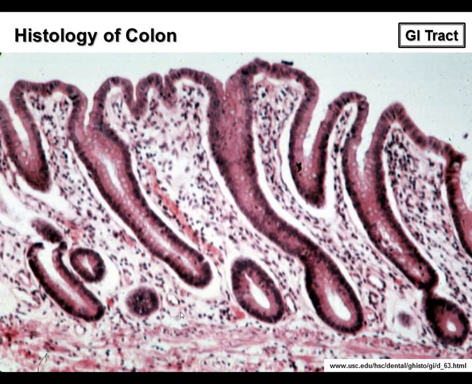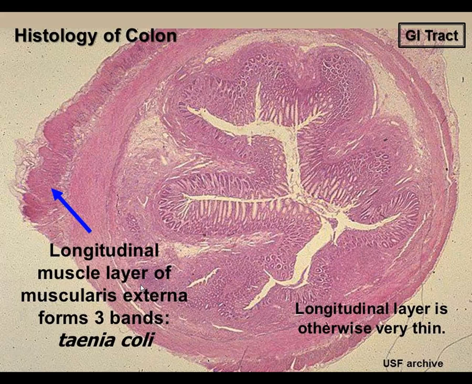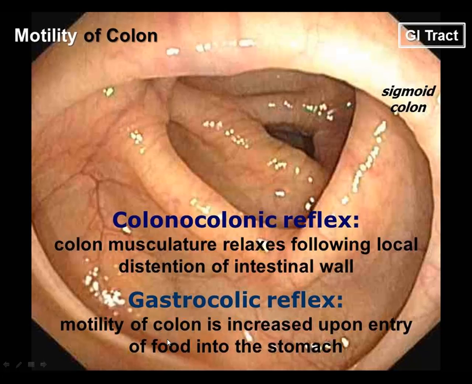The thing about the muscularis is that you will have, yes, the two layers, the circular layer and the outer longitudinal, but the outer longitudinal is not continuous. It's broken into three strands, and we call these straps or strands tinea coli. Tinea coli. Okay, so we see the structure here, and we will see the longitudinal is broken into three bands, and again this is called tinea coli.